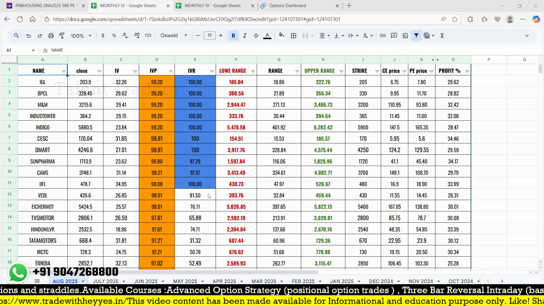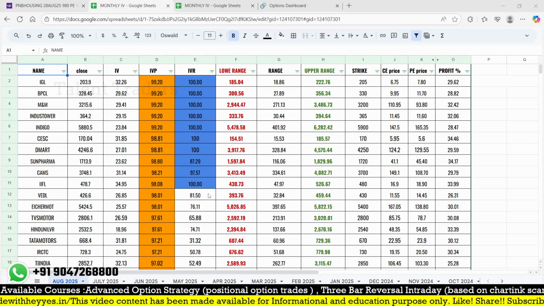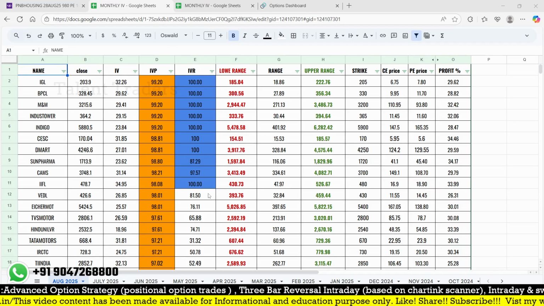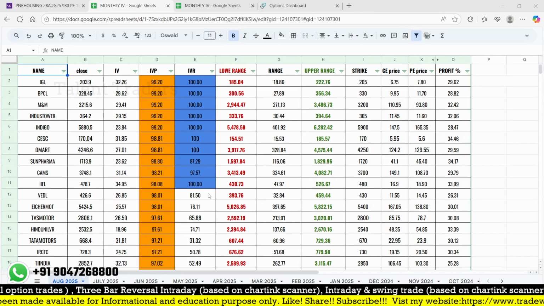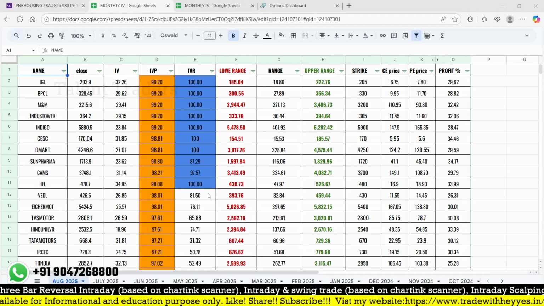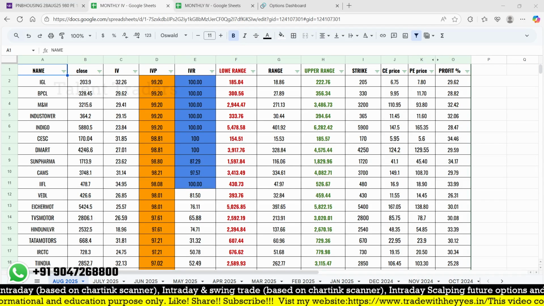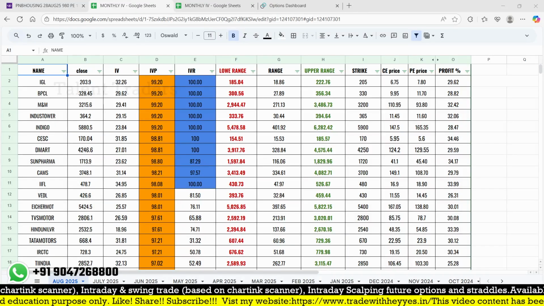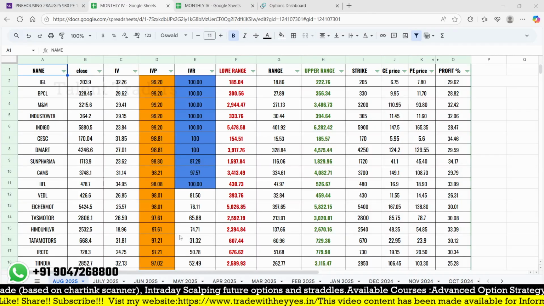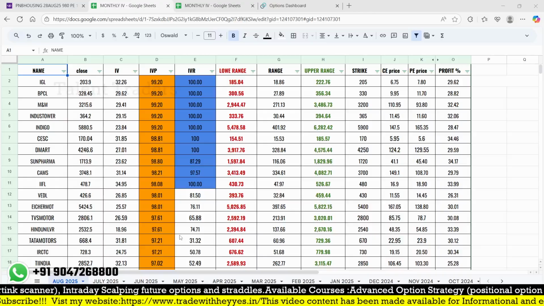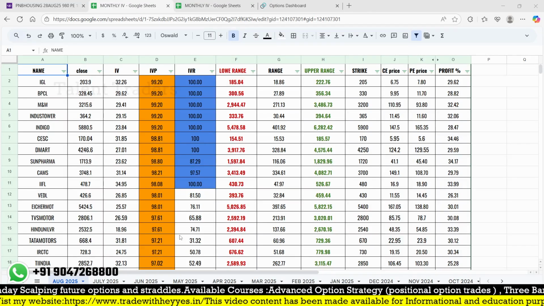We know that for non-directional strategies, we have four methods to implement them based on the risk or the margin. This month we have a lot of stocks with high IV and IVP, and some stocks with an IV rank almost at the top, around 100. About 8-9 stocks are at 100.